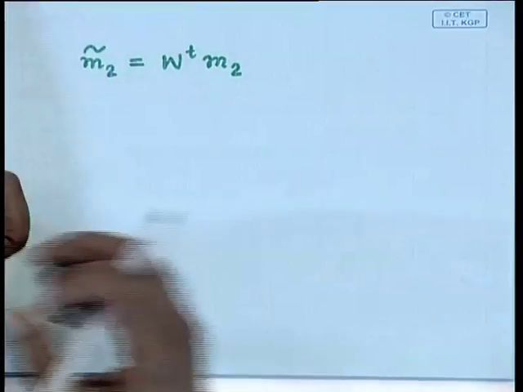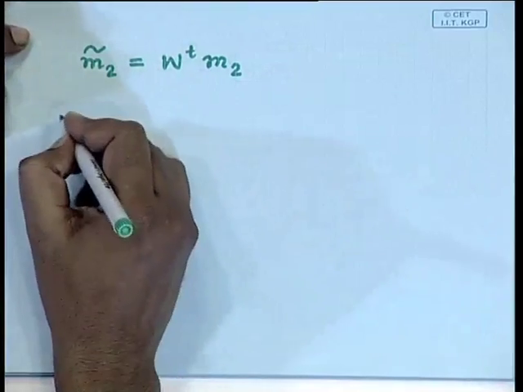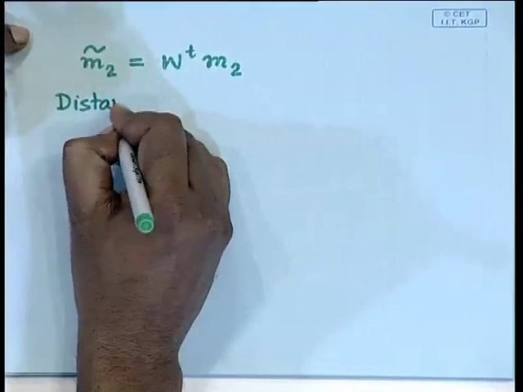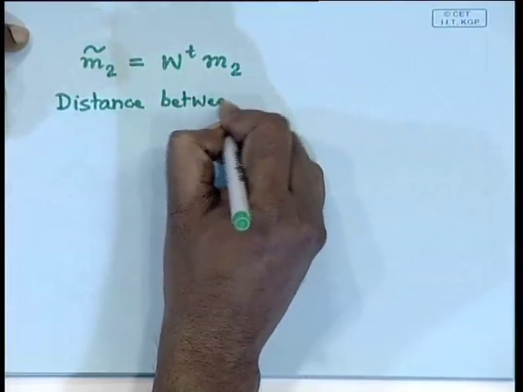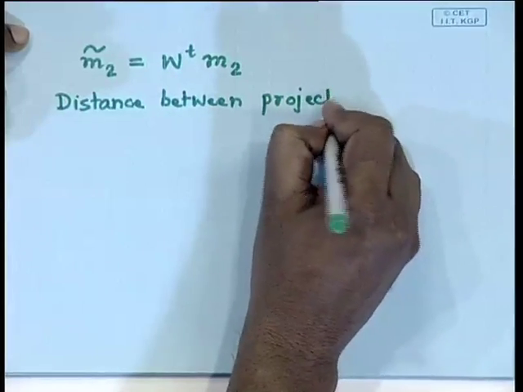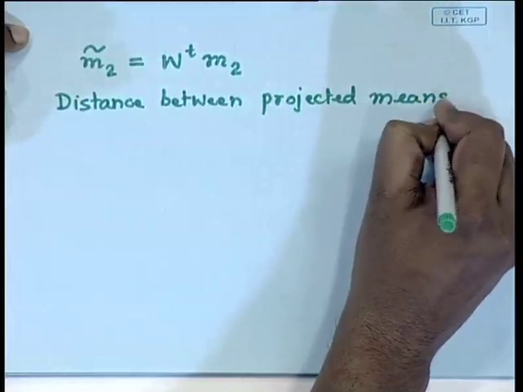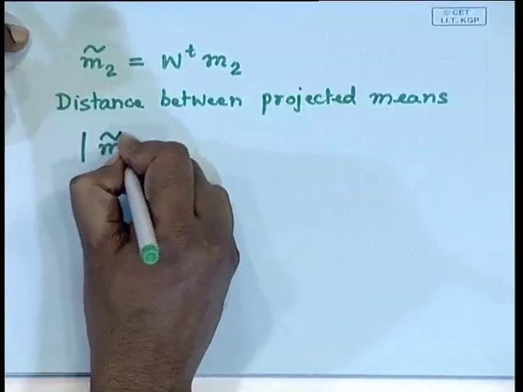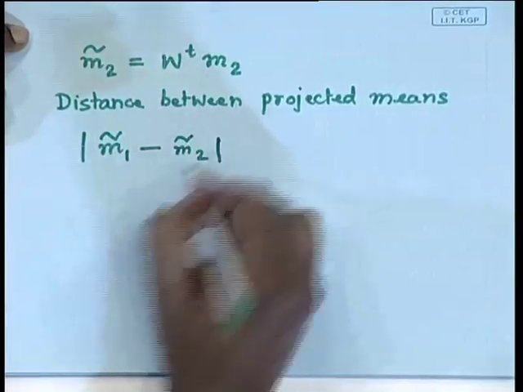Now, what is the distance between these two projected means? The distance between the projected means is nothing but the modulus of M_1 tilde minus M_2 tilde.